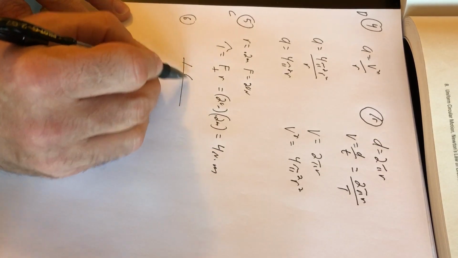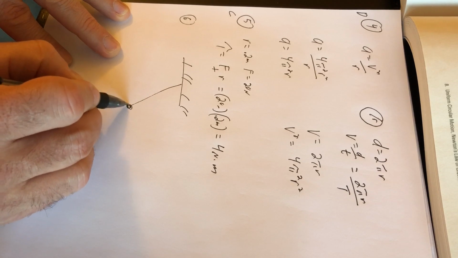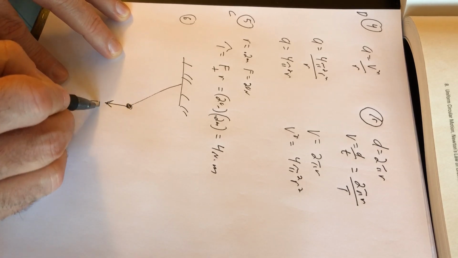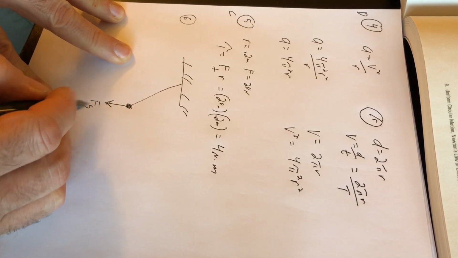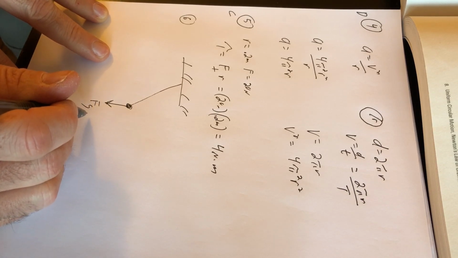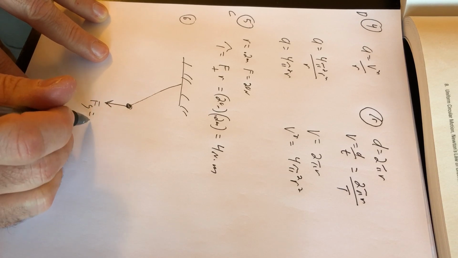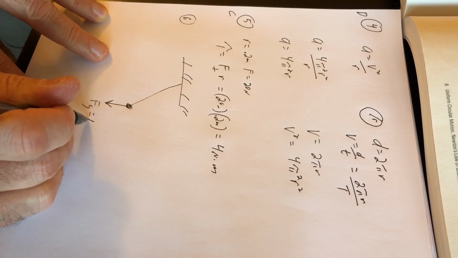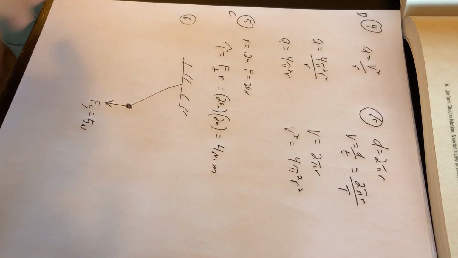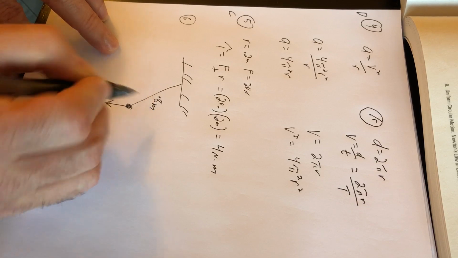Number 6, we have this pendulum, and gravity's going straight down. It's half a kilogram, so using 10 for gravity, this is like 5 newtons. And we know that this length here is 0.8 meters.